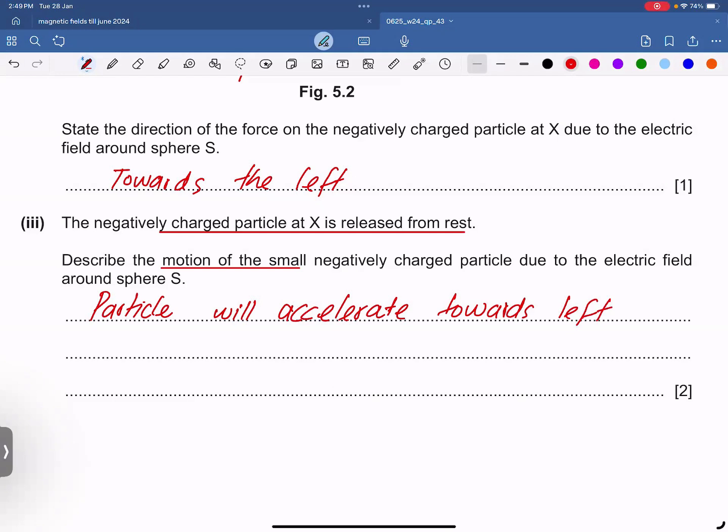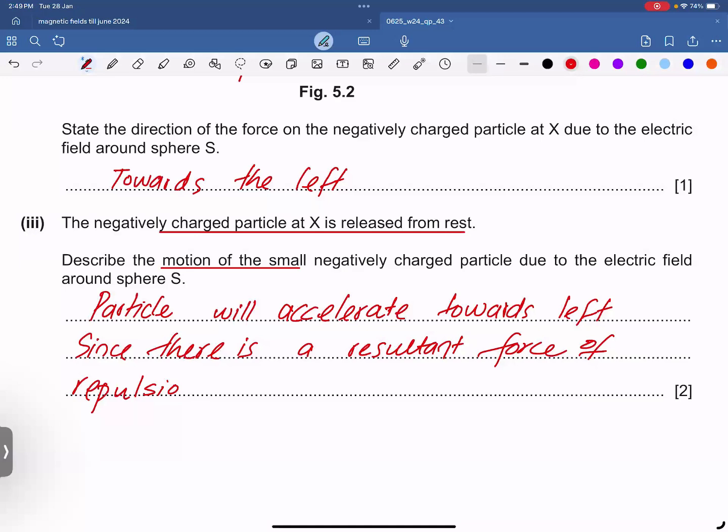The reason is that there is a resultant force of repulsion. That's it.